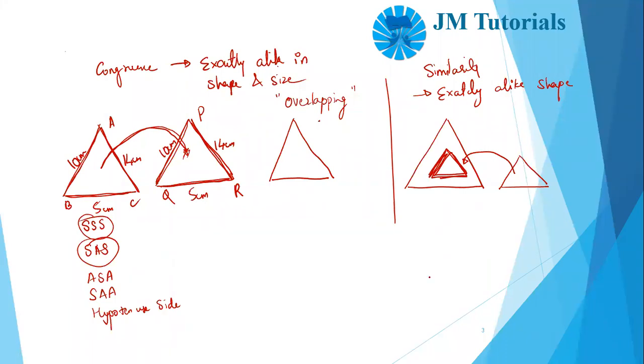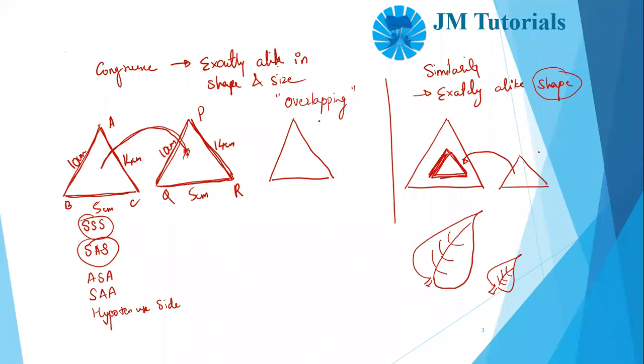Suppose I take a leaf, and I take another leaf. If I look at both of these leaves, their shapes are similar, but their sizes are not similar.